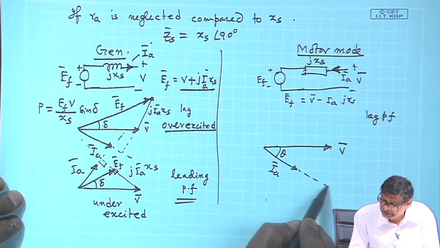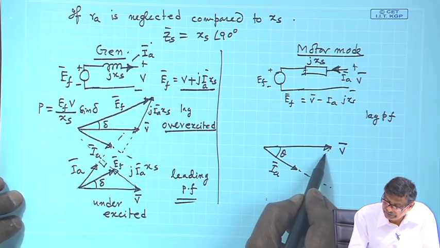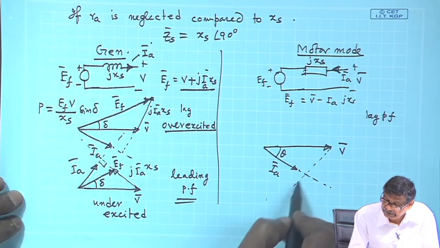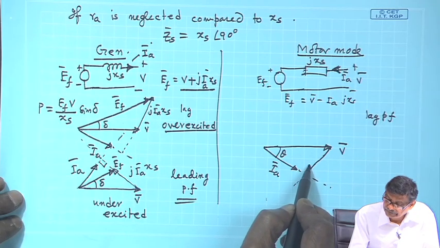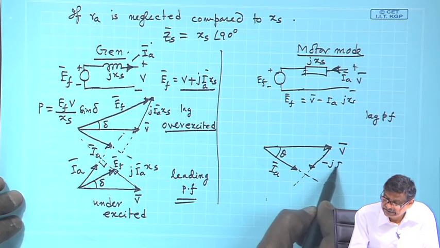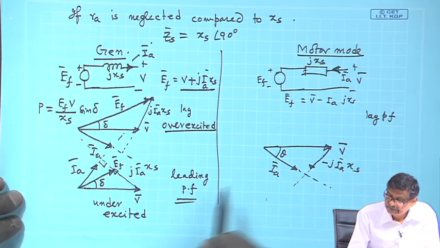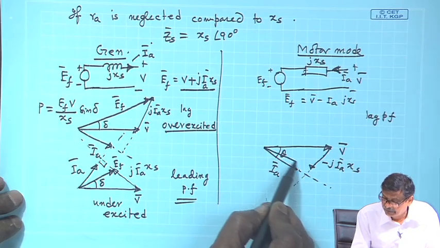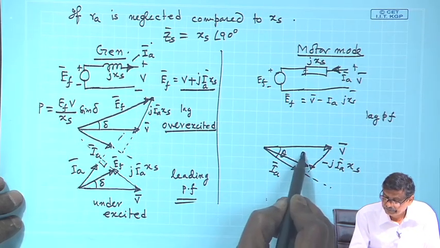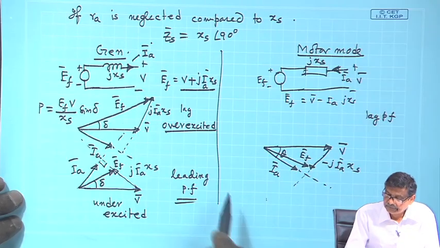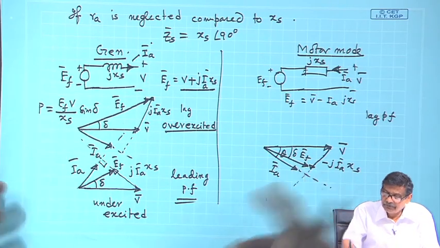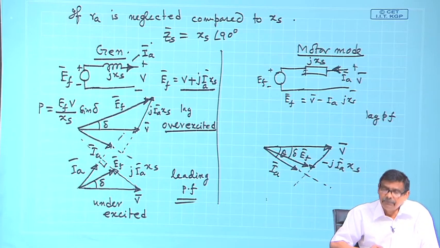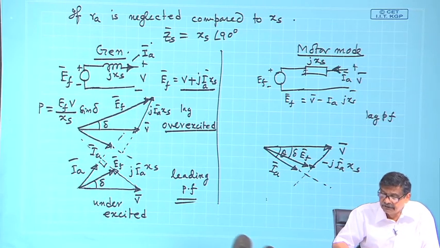You should draw a line perpendicular to this, and this length will give you minus jI_A X_s, and this fellow will be your E_f, and this angle will be delta. E_f will be below V, everything will be in place if this convention is followed.